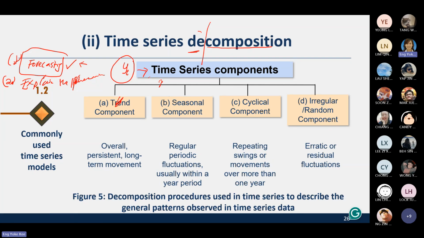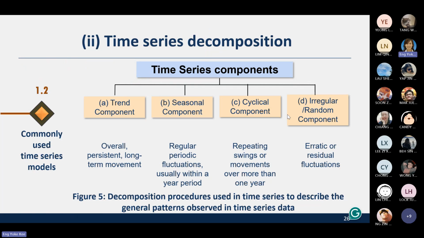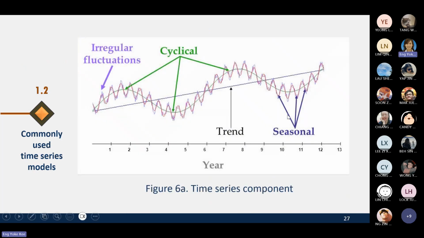So let's look at these four patterns, try to differentiate between them, and see whether we can model them or not. Visually, these are generally the four common patterns that you see.